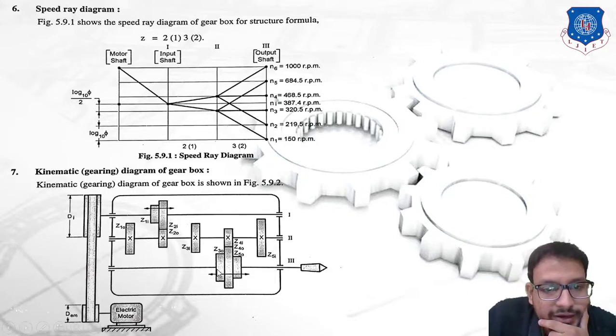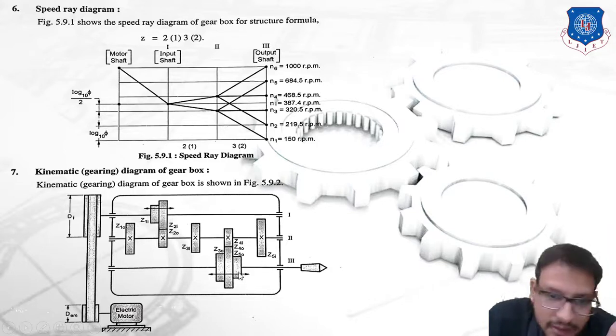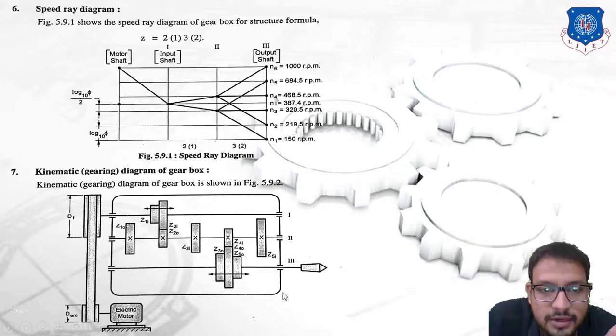You can clearly see that when I mesh this gear with this one, one speed will be transmitted. When I mesh this median gear, another second speed will be transmitted, and when I mesh this gear with this one, a third speed will be transmitted. So three speeds will be obtained from the second stage, which is why three is written over here.